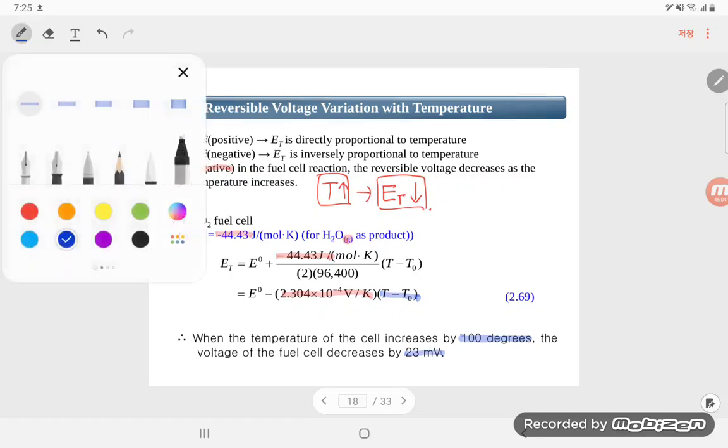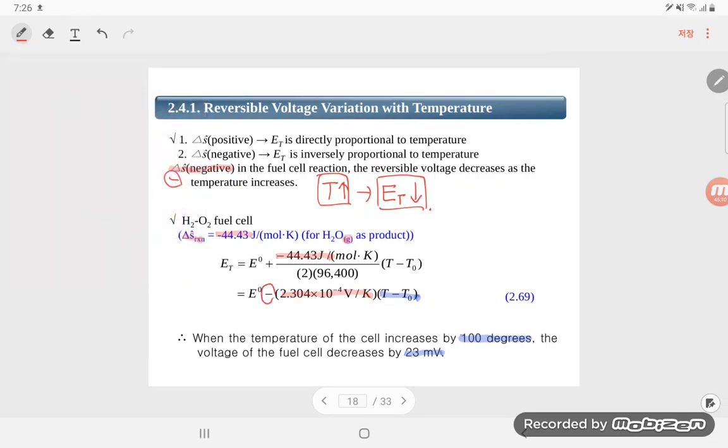It's not that crucial, right? Anyway, the important thing is it has a minus sign in here. Even though we increase the temperature a lot, the decrease is not that crucial and is insignificant.